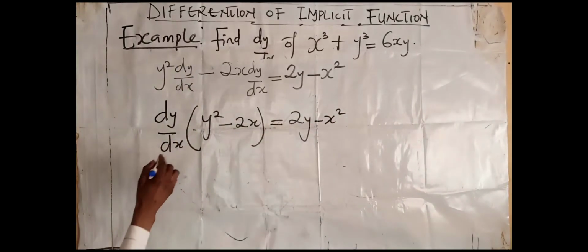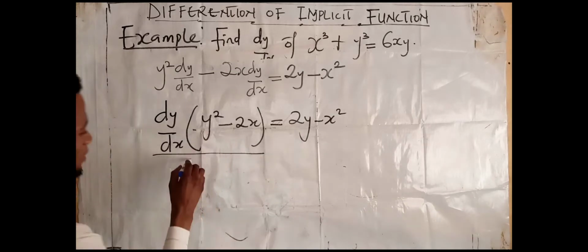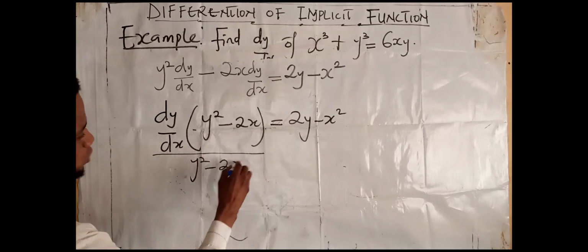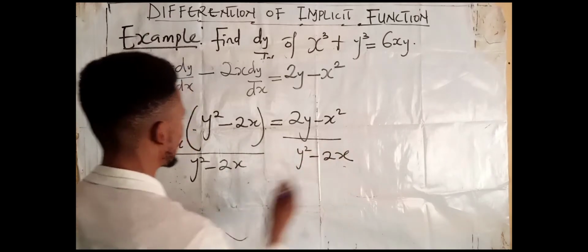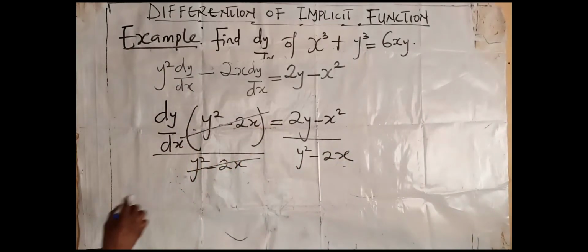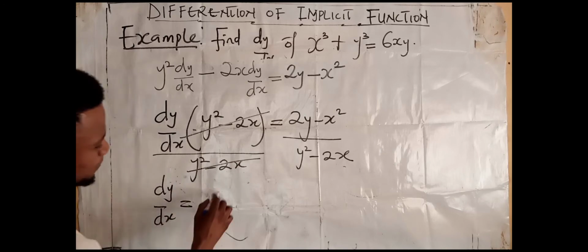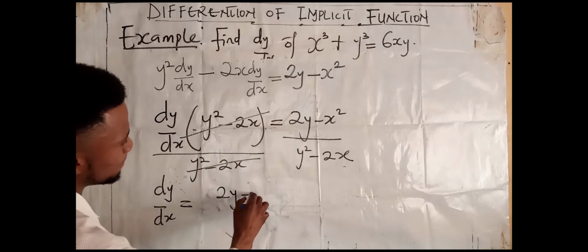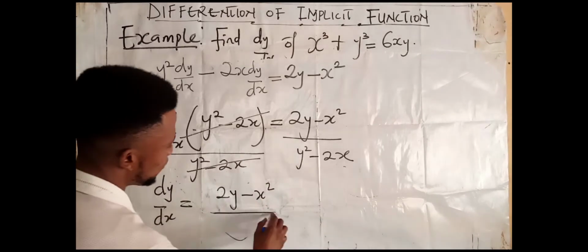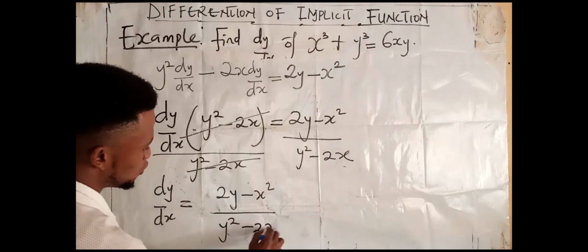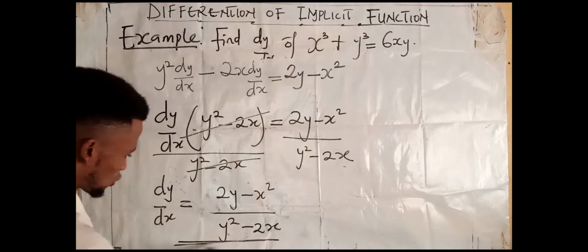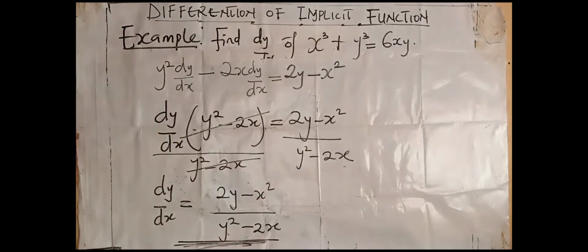I want to make this the subject of the formula. So I will divide both sides by y squared minus 2x. This will cancel this. Can you see that? So dy over dx will give you 2y minus x squared over y squared minus 2x. This brings us to the final solution of our answer.